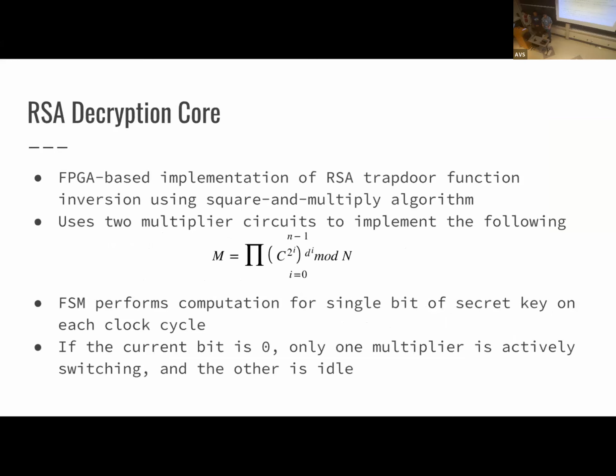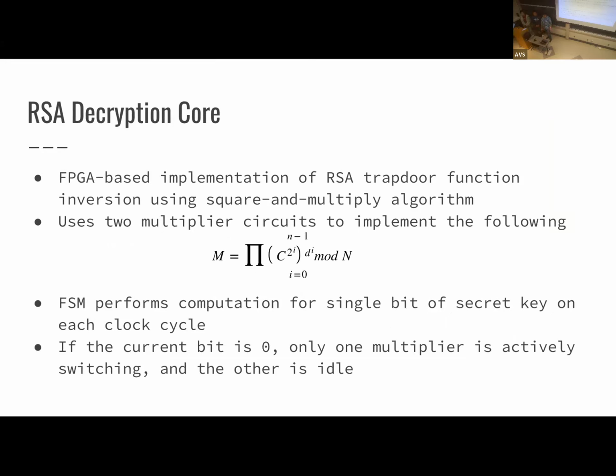And then this is a bit about the victim logic that the paper authors were attacking. Basically they had an FPGA-based implementation of the RSA trapdoor function that we learned about, specifically the inverse of it. They use this square and multiply algorithm, which is that big equation in the middle of the slide there.